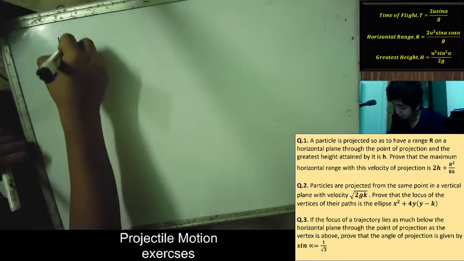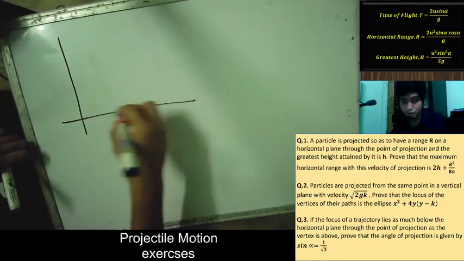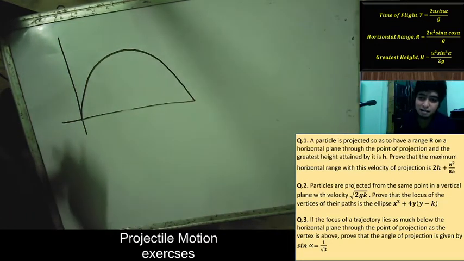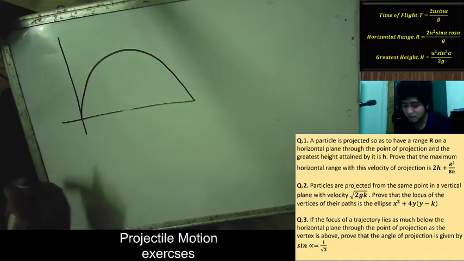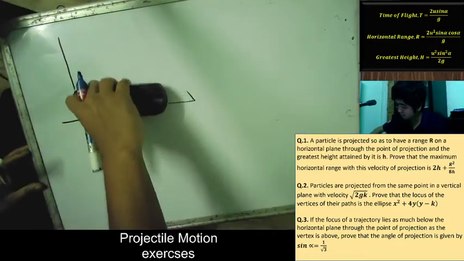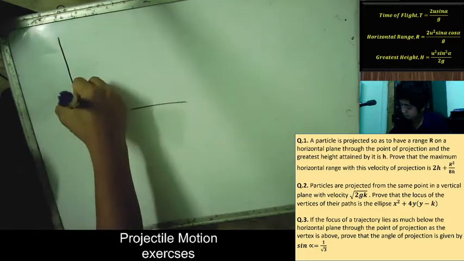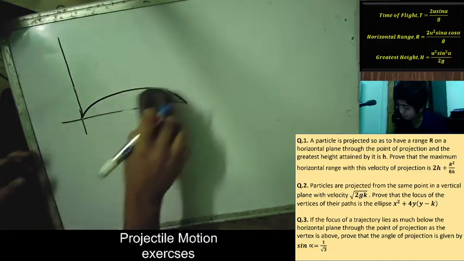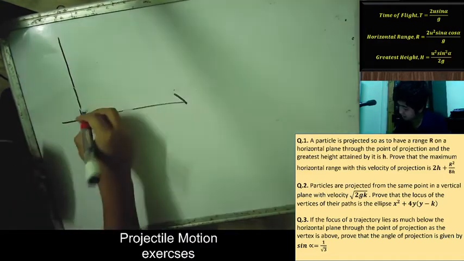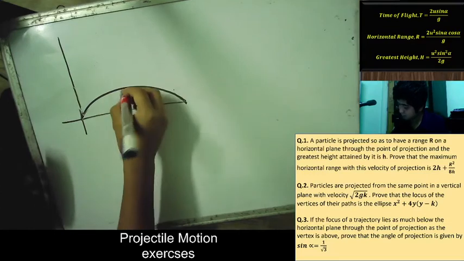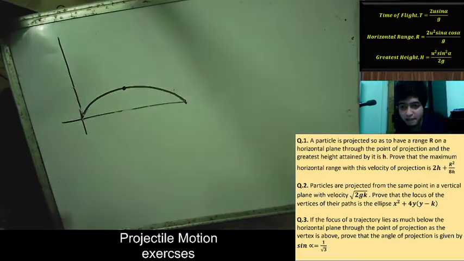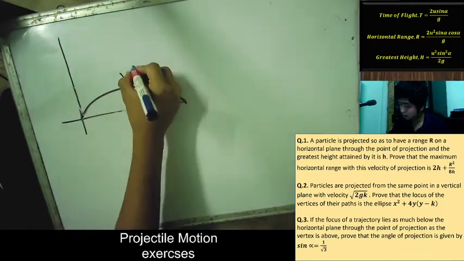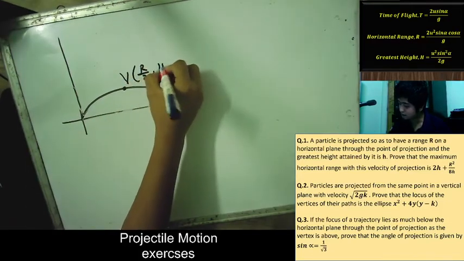So over here, again, we are having a projectile. The velocity is fixed, the angle of projection is fixed. Maybe it looks something like this. This one is the vertex V, with coordinates R by 2, h.